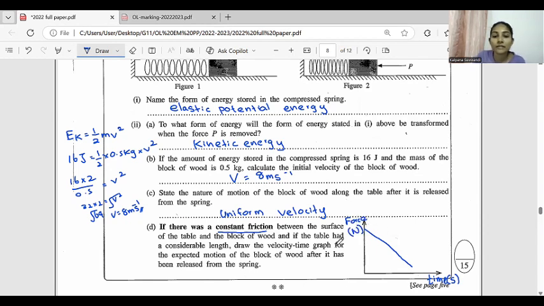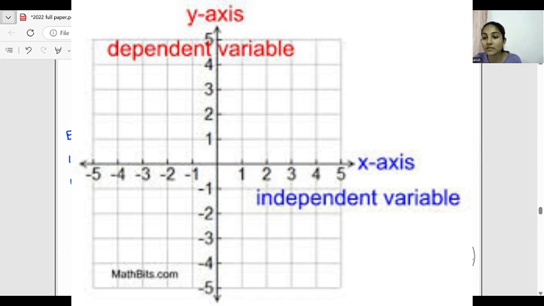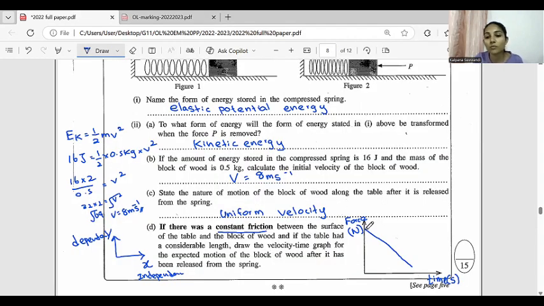So when you are selecting axes of a graph, the horizontal axis is named X, and the vertical axis is Y. For the X axis, we give the independent variable. And for Y, we select the dependent variable. So here time is independent of the frictional force. Therefore, time should be put on the x-axis, and force is gradually changing. So it is the dependent variable. So that is how we plot this graph.